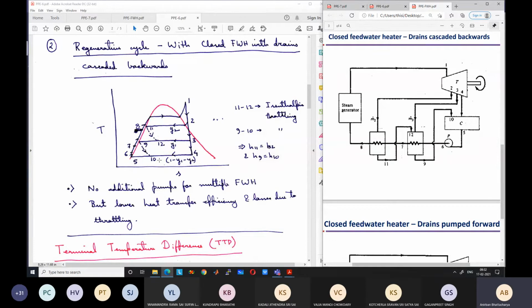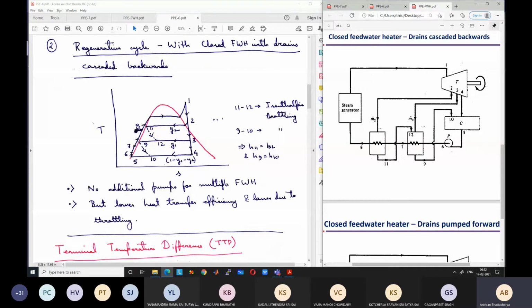Okay. So this steam is now condensed to liquid water at state 5. Remember that some of the liquid water from the next stage feed water heater, which was at state 9, as you can see here, is throttled back to state 10, meaning the pressure is lowered.